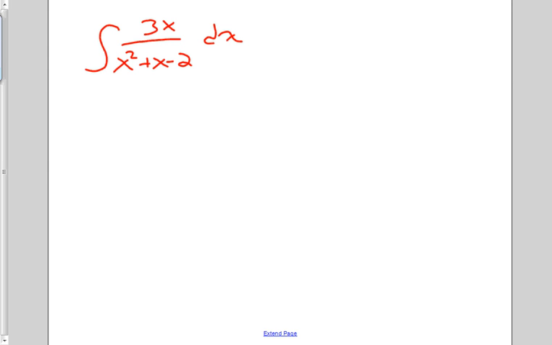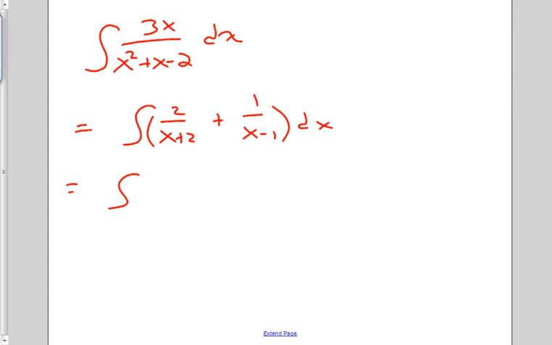Well, we've already done the work, so we know that this equals the integral of 2 over x plus 2 plus 1 over x minus 1 dx. So we can split that integral. We can integrate 2 over x plus 2 dx plus 1 over x minus 1 dx.